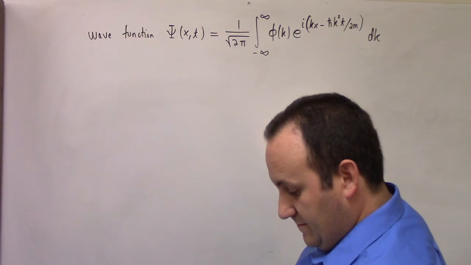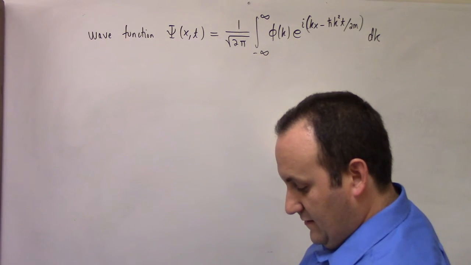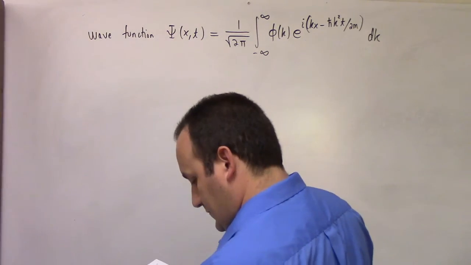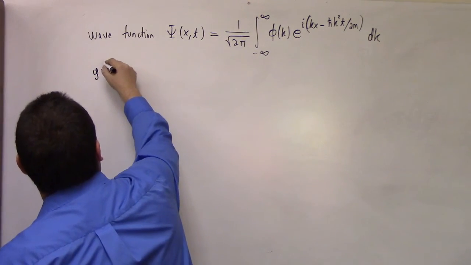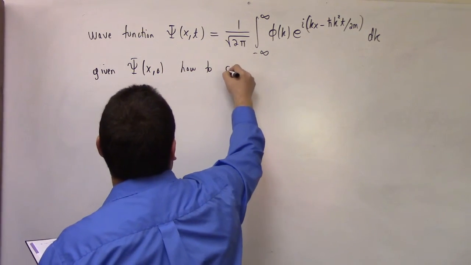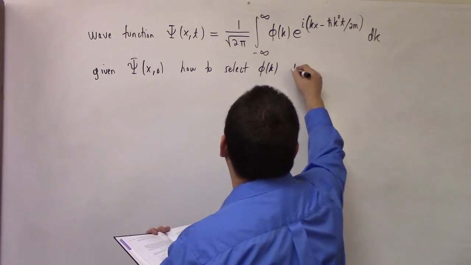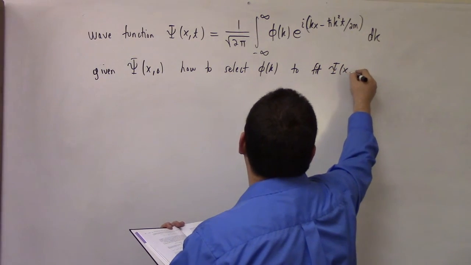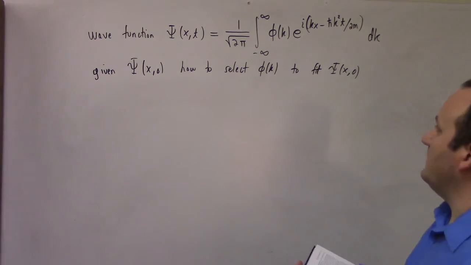The only remaining question is how to determine phi of k so as to fit the initial wave function. Once you fit that one time, then this integral will produce the wave function at other times, basically.